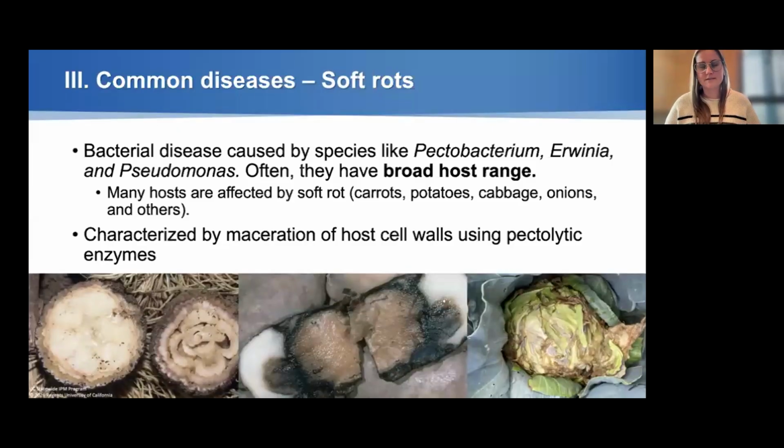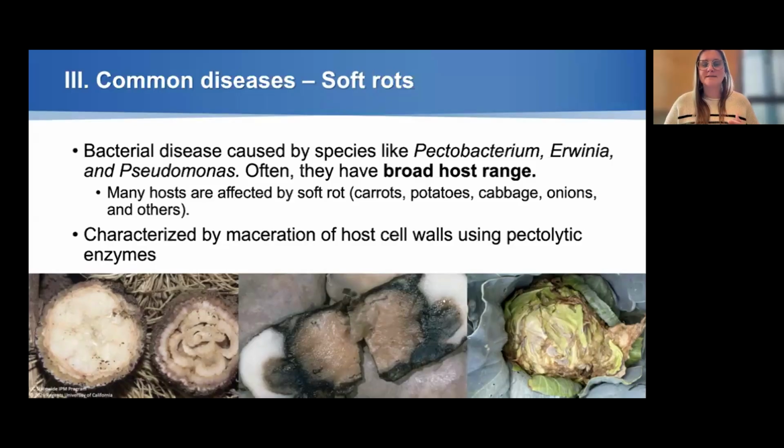The most types of plant species that have issues with soft rots are those tuber, root, or bulb vegetables like carrots, potatoes, and onions. Now, soft rot can also be an issue in some of your leafy greens that are really tight, like cabbages, because they're very tightly packed so that bacteria can grow.